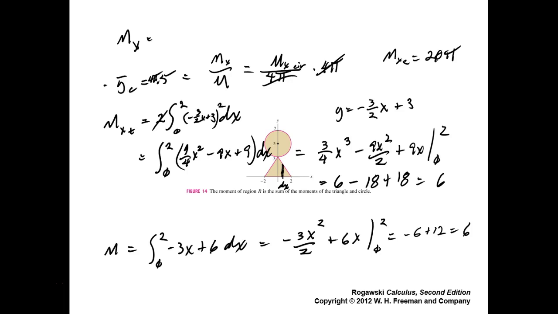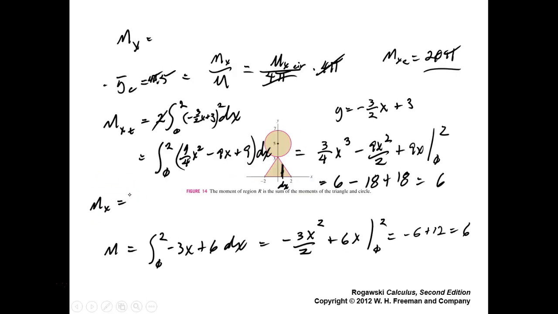Yep, that's it. Okay. So that's the moment with respect to x for the triangle. Moment with respect to x for the circle is 20 pi. So our total moment is the sum of those two, which is 20 pi plus 6 over, okay, that's the moment.